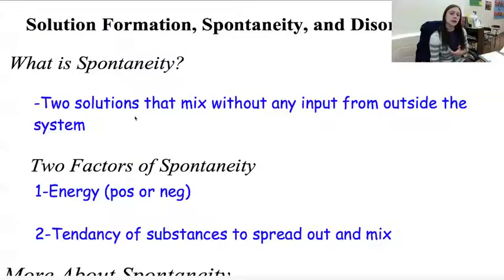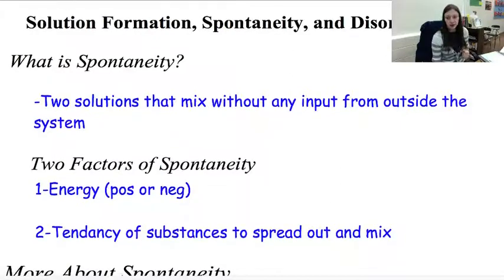Okay, spontaneity is that two solutions mix without any input from the outside system. They just spontaneously happen. You don't have to put anything in to get it to go. It just goes. All right, that's spontaneity. Okay, now there are two factors that go along with figuring out if something is spontaneous or not.